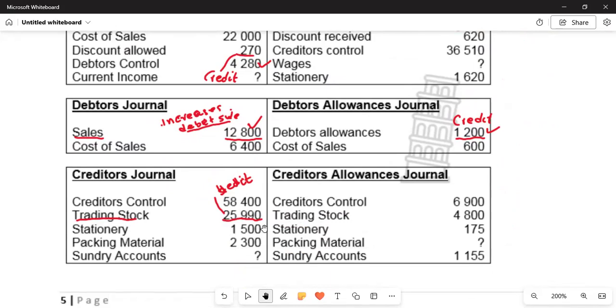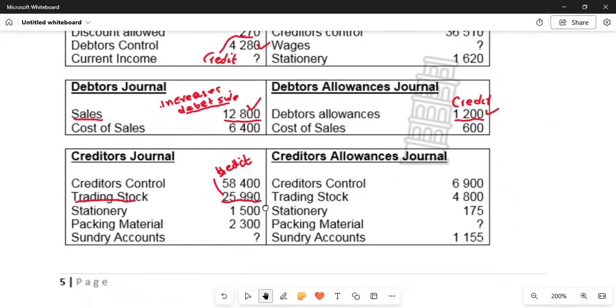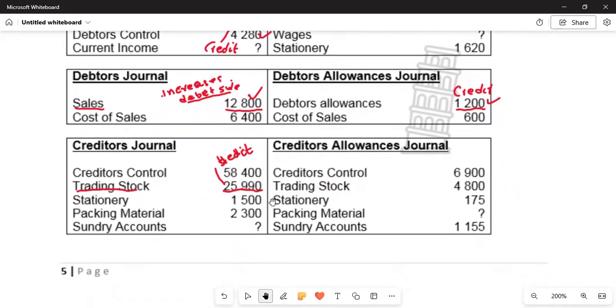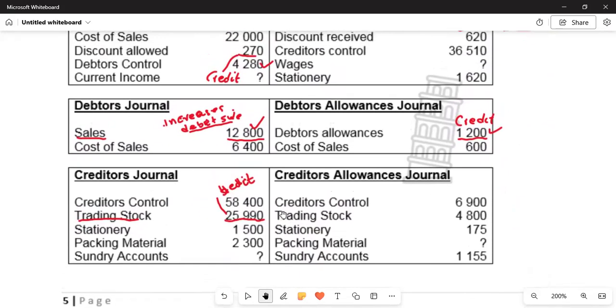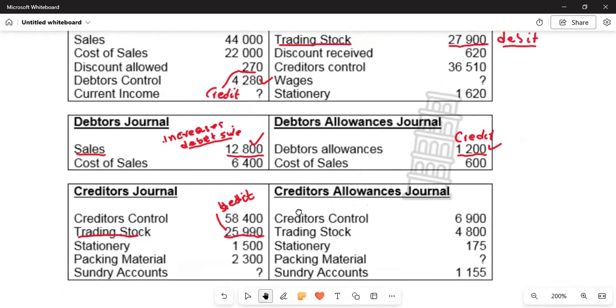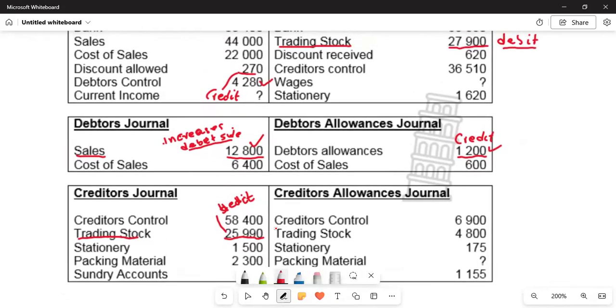Now also we are going to have cost of sales on our debtors allowance journal. We're going to have cost of sales of 600. It also goes on the trading stock, because for us to sell stock, it means there are costs that we have incurred.